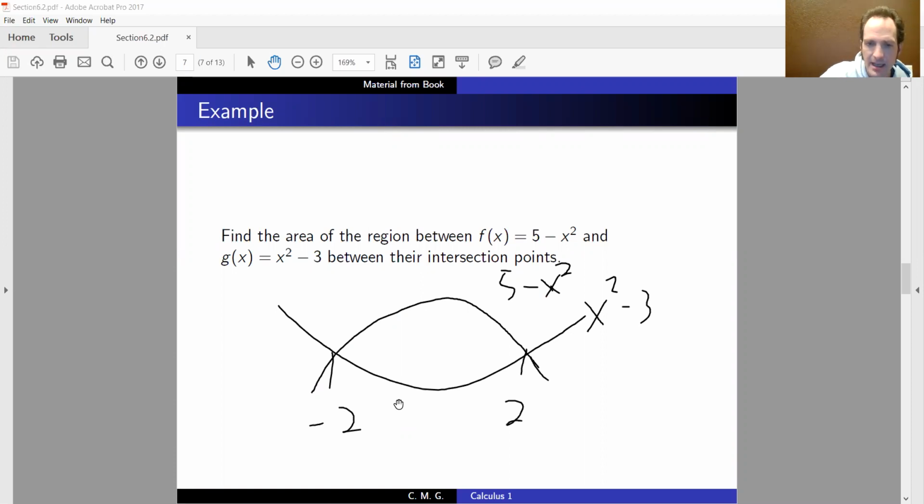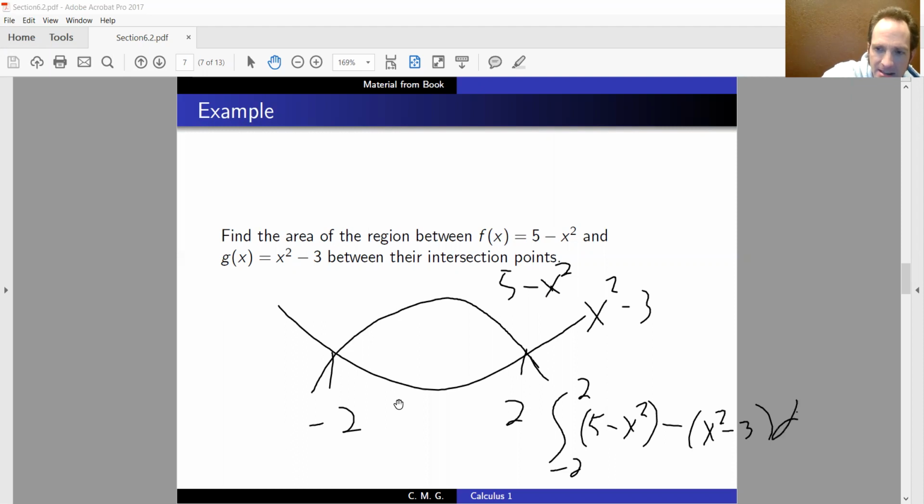So to find the area here, I'm going to take the definite integral from -2 to 2 of the top function, which is 5 minus x squared, minus the bottom function, which is x squared minus 3. And you'll notice I put parentheses around that second term. I want that in parentheses. That minus will distribute through both terms to give me what I need to actually do this integral.